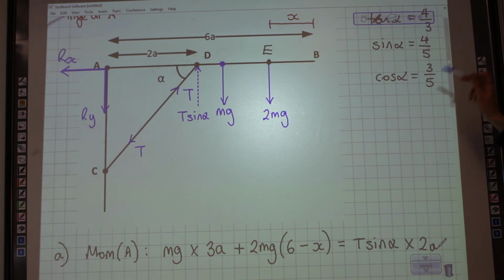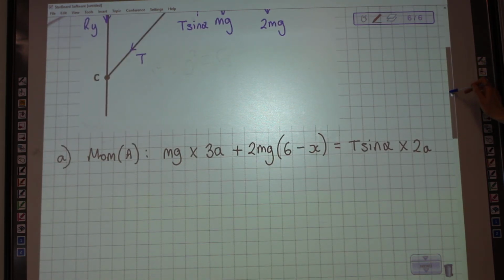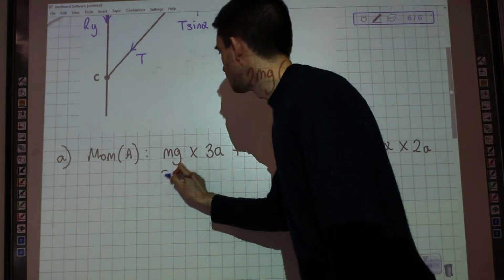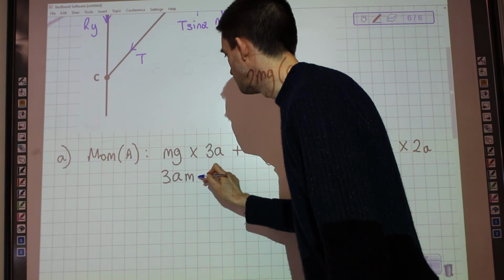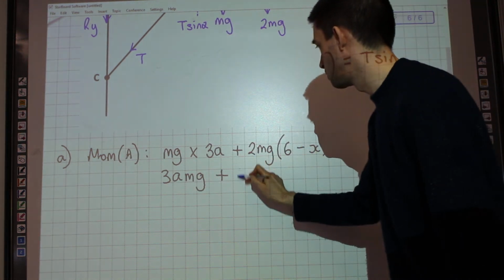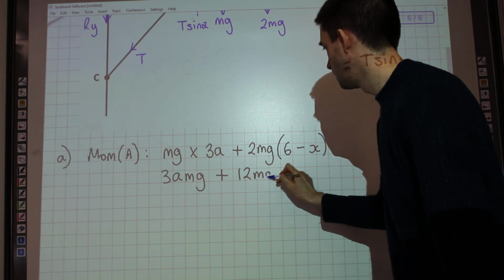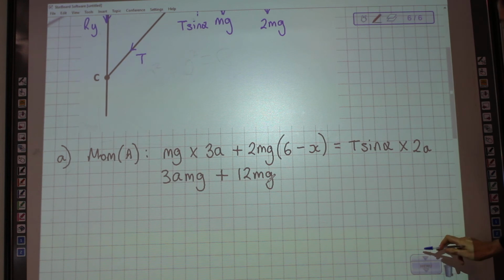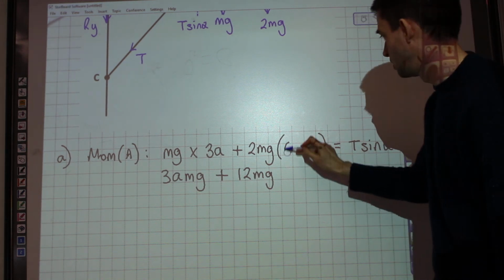Now, I know that sine alpha is 4/5 because I've just worked that out from my triangle, so I'm going to incorporate that in a minute. So what I have is 3a mg plus, expanding this out, 12 mg — now that's 6, it should be 6a, shouldn't it?